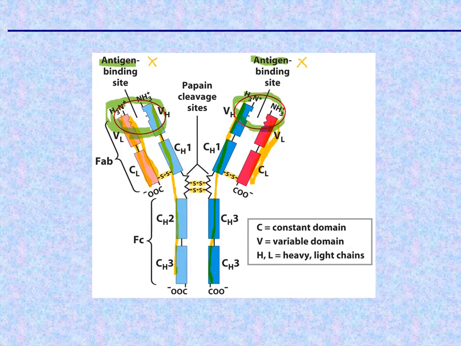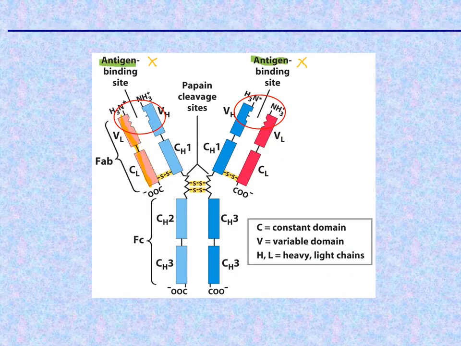So each antibody molecule can bind to a particular antigen, and the binding sites are at the ends of these two arms made up of the light chain and the heavy chain. Let's get rid of some of this drawing that I've done here so we can see things a little clearer.